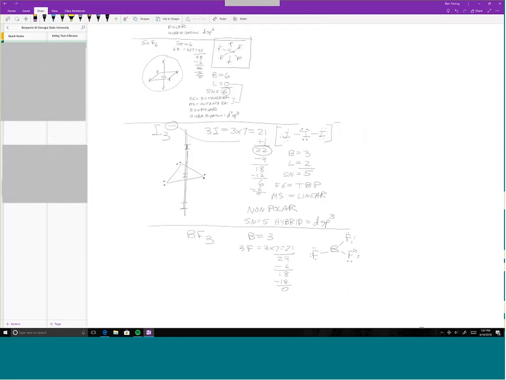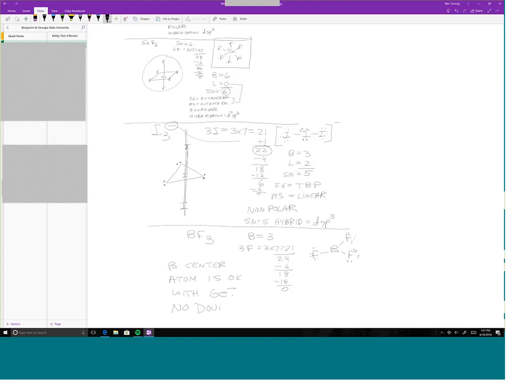So the boron center atom is okay with 6 electrons.